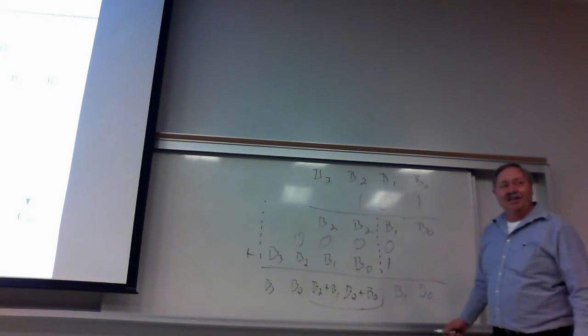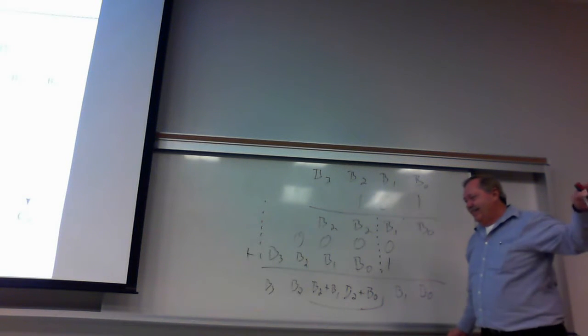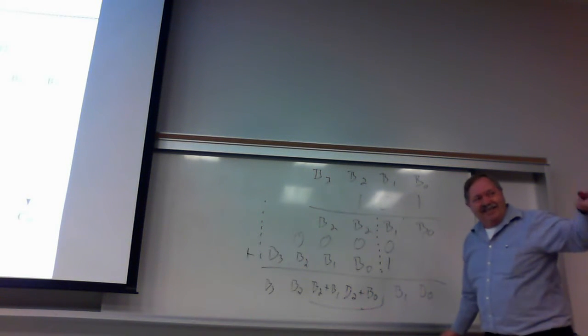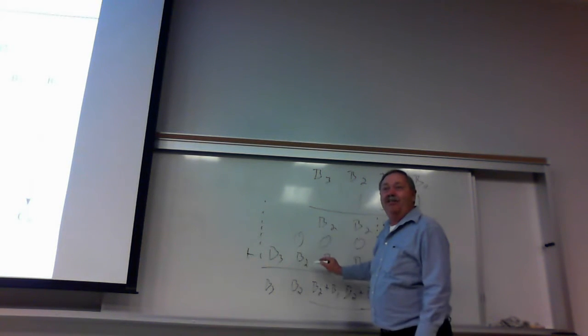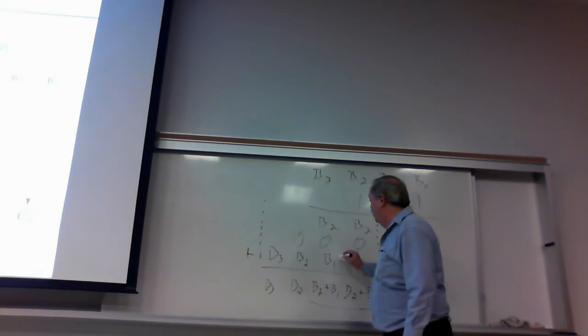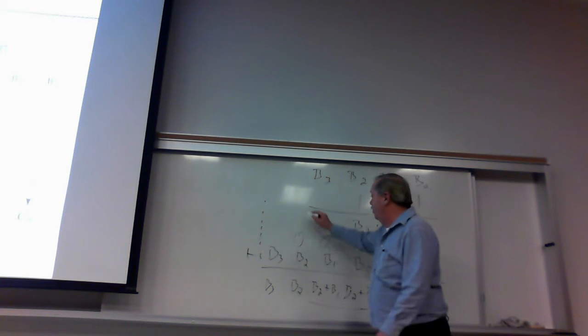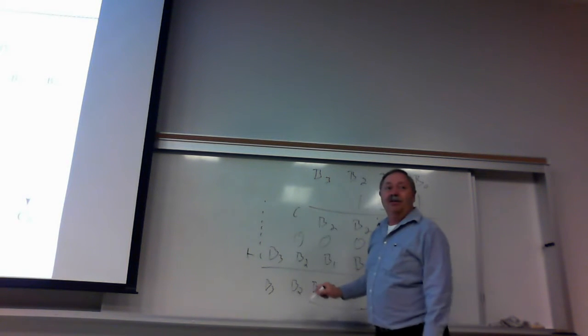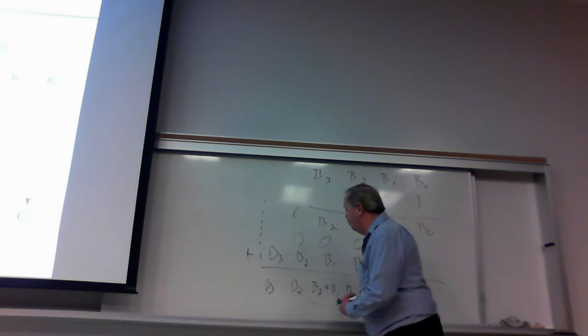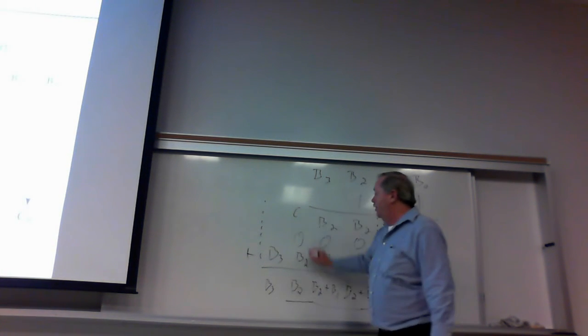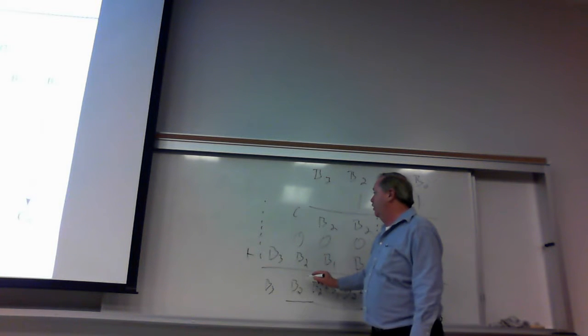Yes? If you had to carry enough times, wouldn't it not fall through? Correct. Because I ignored the carry bit here, right? So if B2 was 1 and B1 was 1, I would generate a carry bit. In which case, yeah, I'm sorry, I do need that 3rd bit to handle that carry situation.